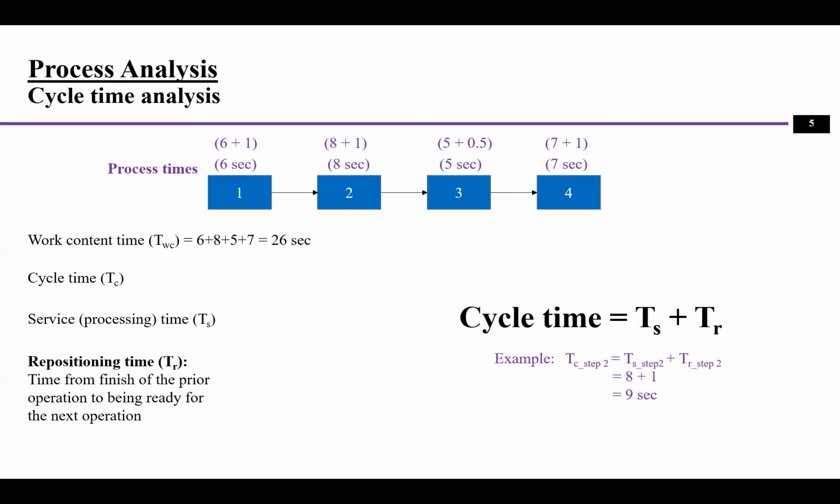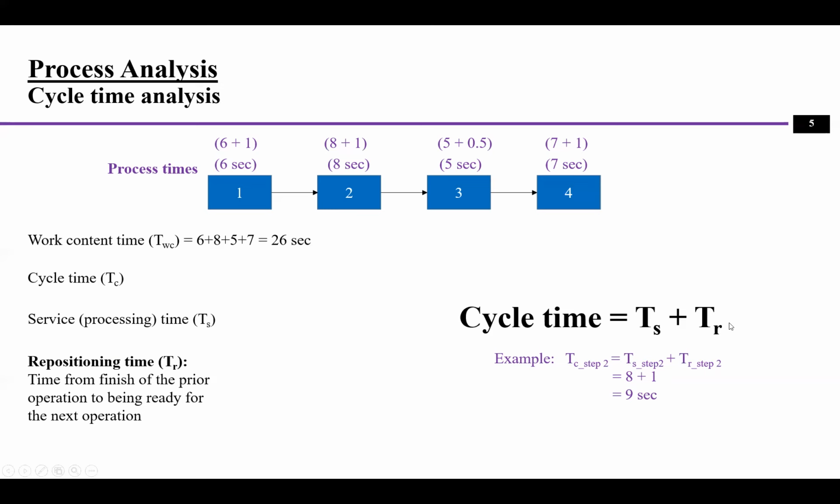So a small amount of time is required to get ready for the next operation, and the cycle time equals the process time, which here we can also call service time, plus repositioning time.